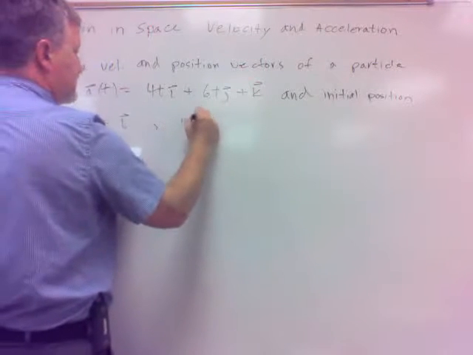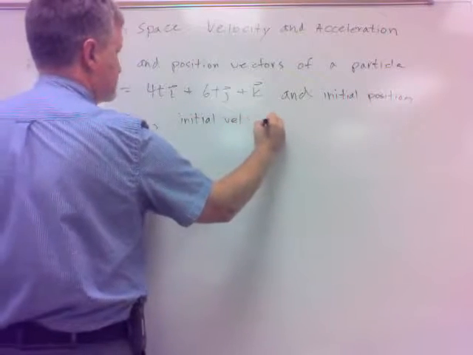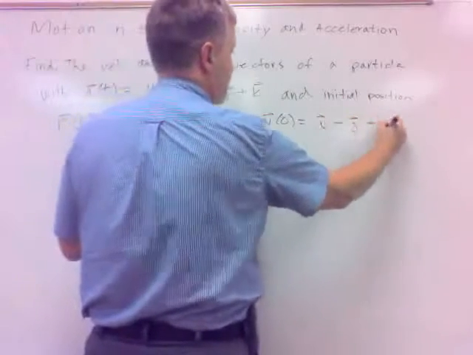Initial velocity v0 equals i minus j plus k.